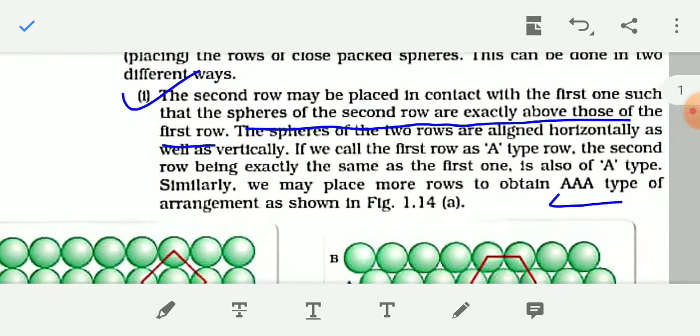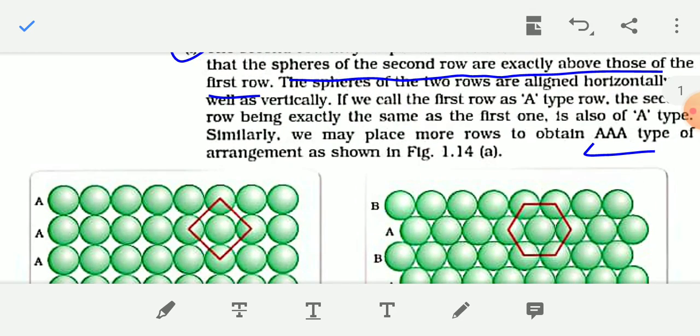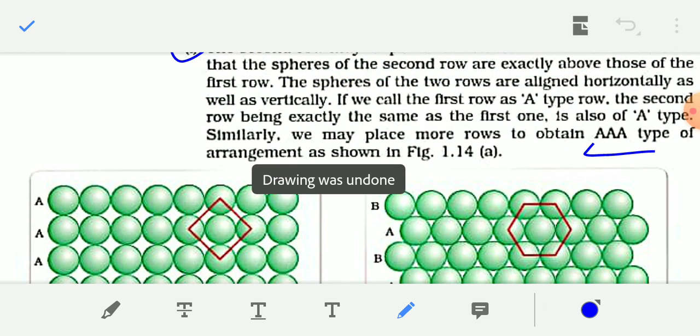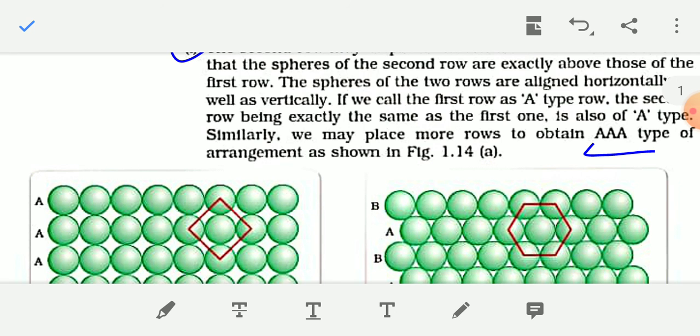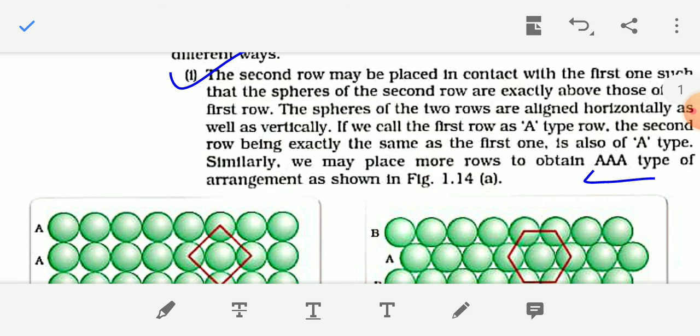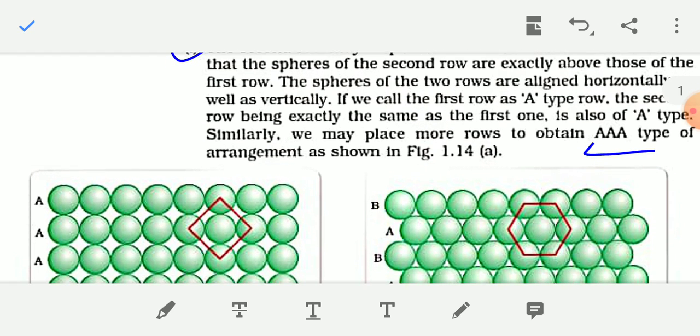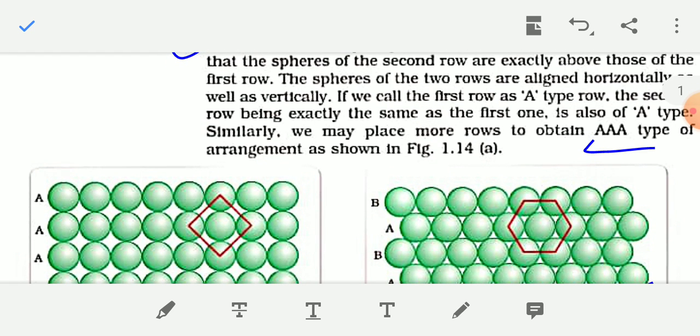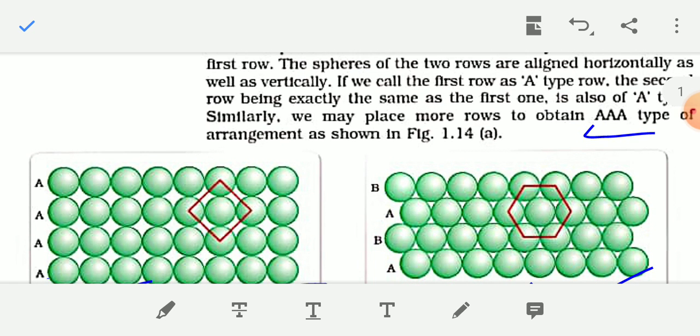And this is in two dimensional square close packing. The spheres of the second row are exactly above those of the first row. The spheres of the two rows are aligned horizontally as well as vertically. If we call the first row A type, then the second row, being exactly the same as the first row, is also A type.